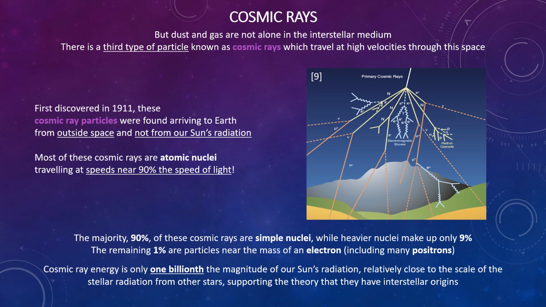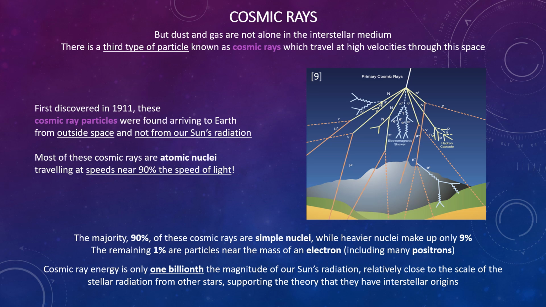Most of these cosmic rays are atomic nuclei that are actually traveling at nearly 90% of the speed of light. The majority, 90% of these cosmic rays, are simple nuclei, while heavier nuclei make up another 9%, and the remaining 1% are particles near the mass of the electron. This includes many positrons, which is the antimatter counterpart of the electron.